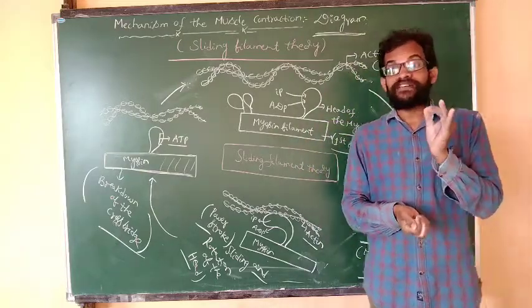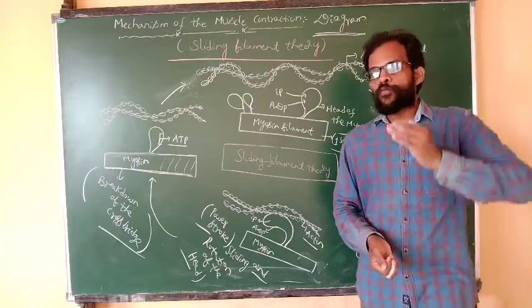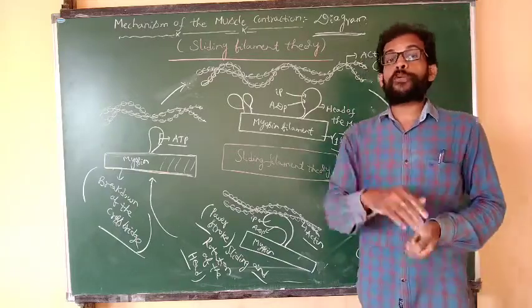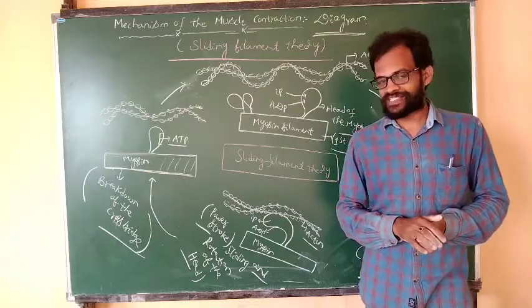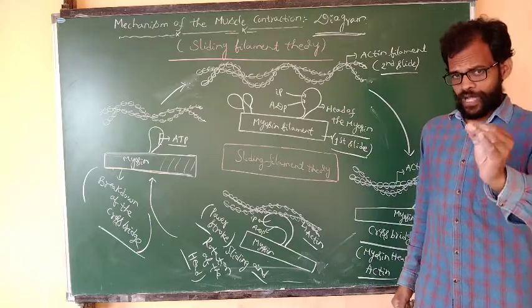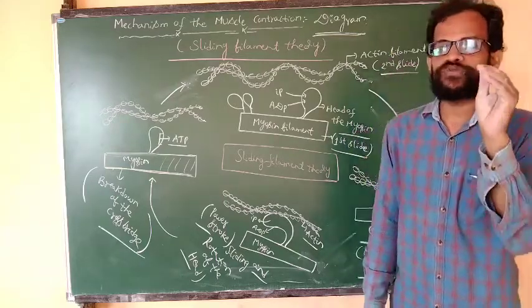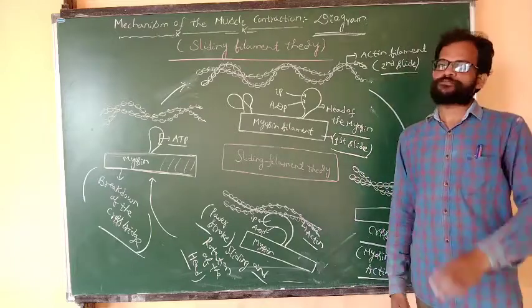Whenever troponin C binds with calcium ions, the tropomyosin-troponin complex moves forward, and the active site of the actin is exposed.